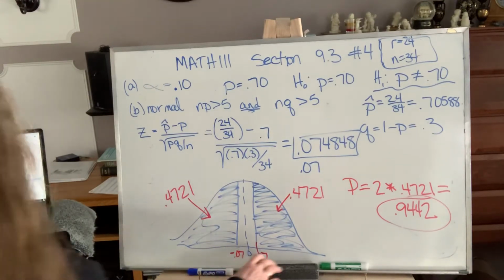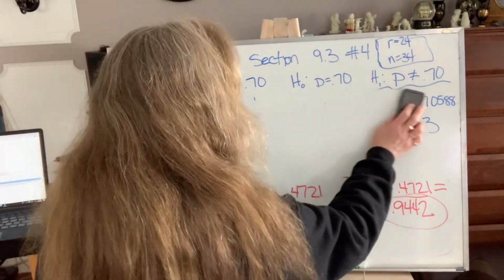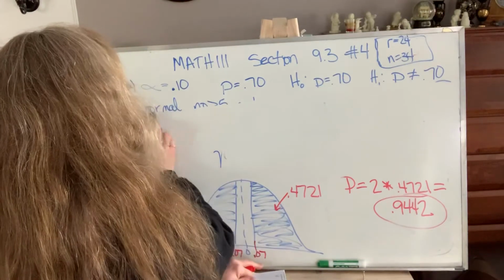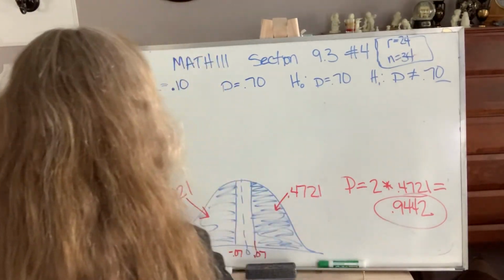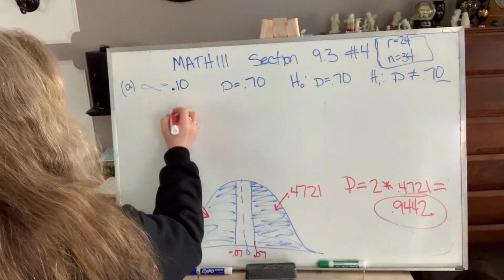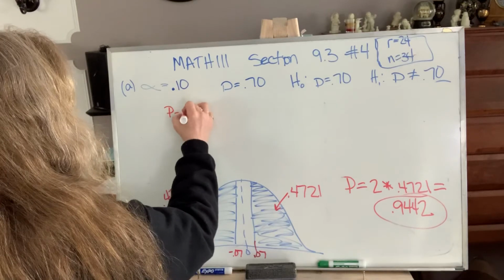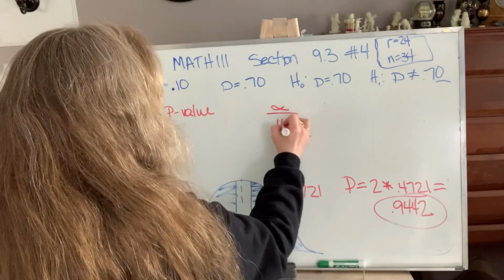So the last part of this question has to do with accepting or rejecting. It says, based on your answers to part A and C, we want to compare. So here's my p-value. Here's my alpha. So alpha is 0.1.